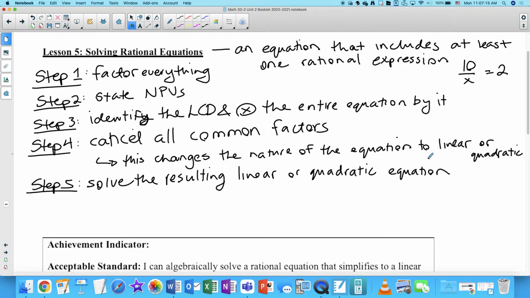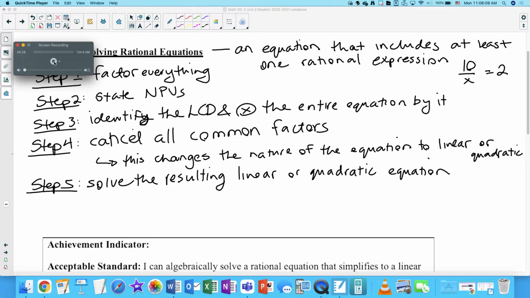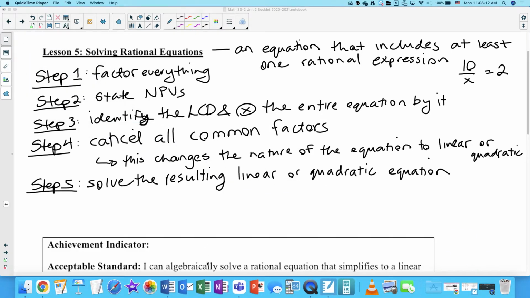And then the last step, which a lot of people forget about, is this. You have to check your answers to make sure that your answer is not one of the non-permissible values. So in this last step, if you happen to get an answer that was an NPV for the original equation, you have to throw it out.